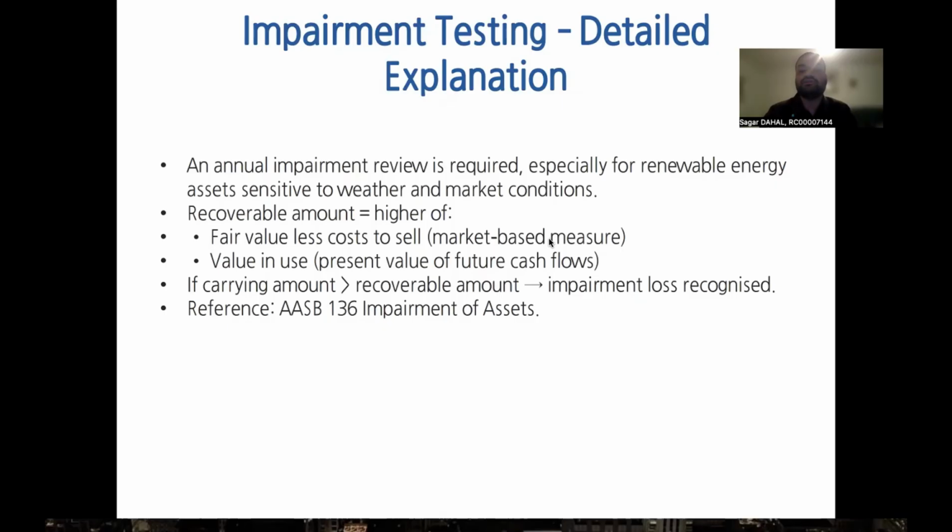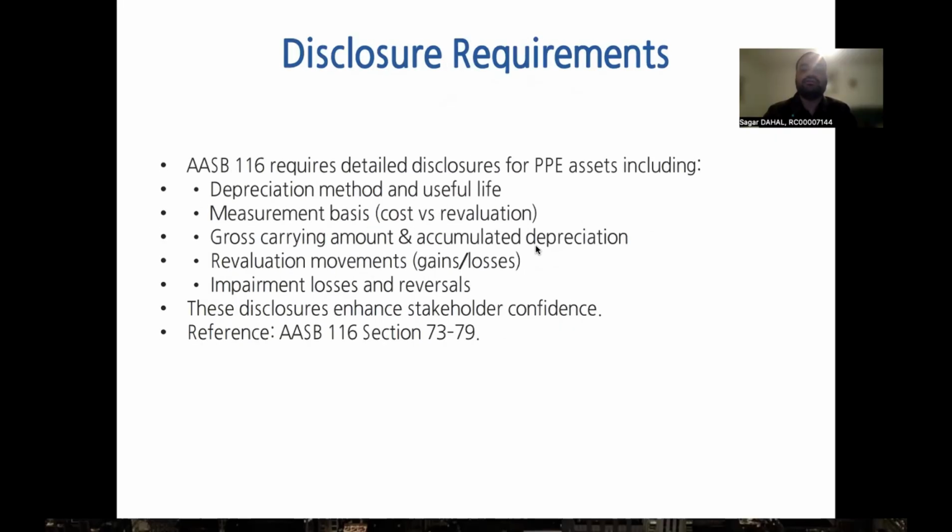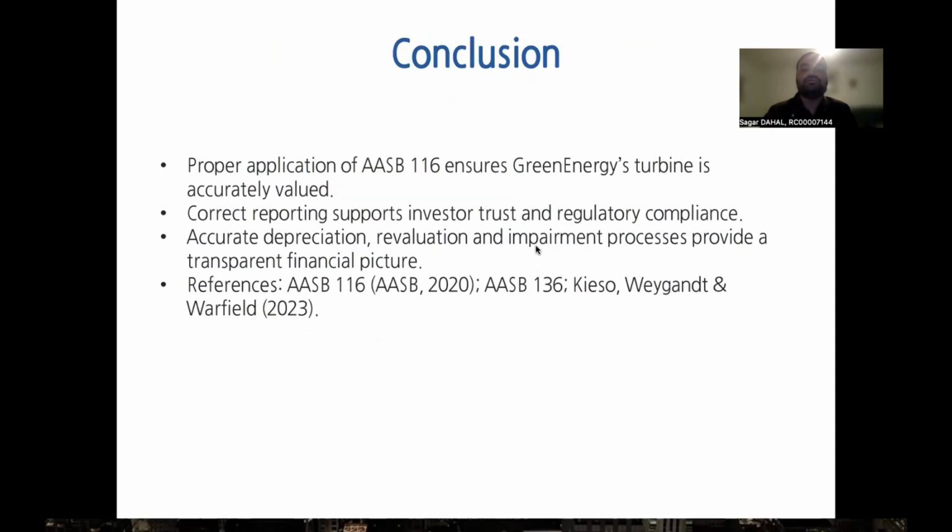And financial indicators are a reduction in forecast cash inflows, and indicators that the carrying amount may not be recovered within the given time. So these are some of the potential indicators of impairment, along with depreciation methods and useful lives, and power acquisition. I think that's all for now.